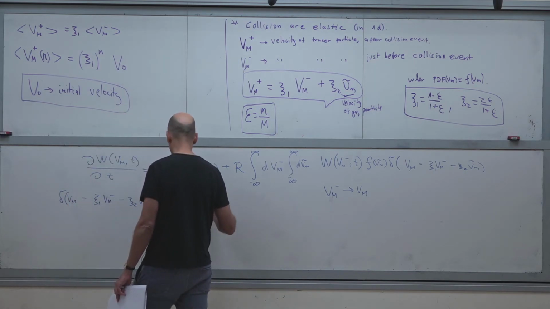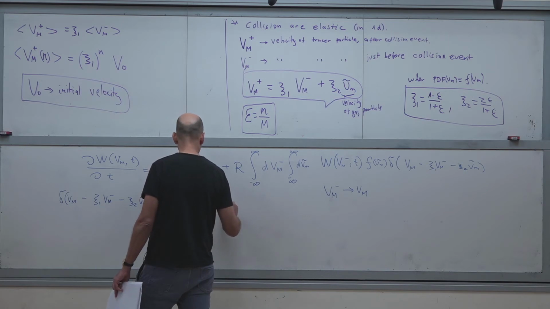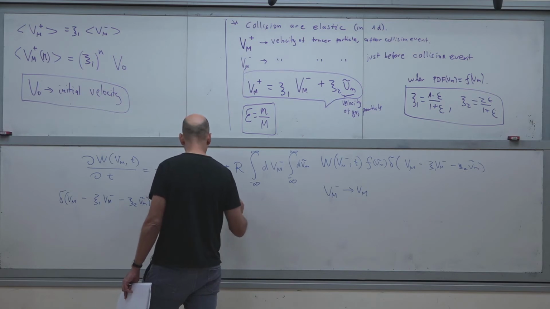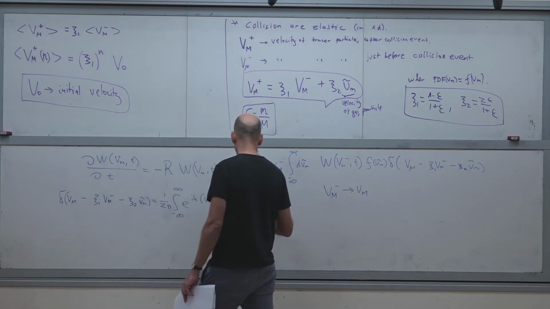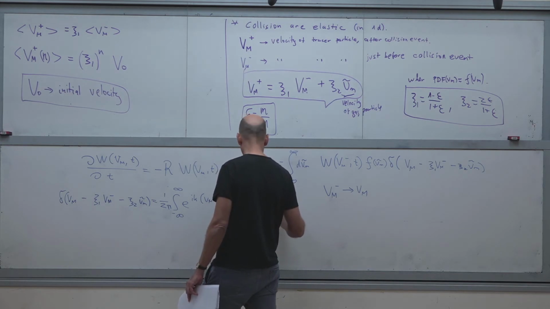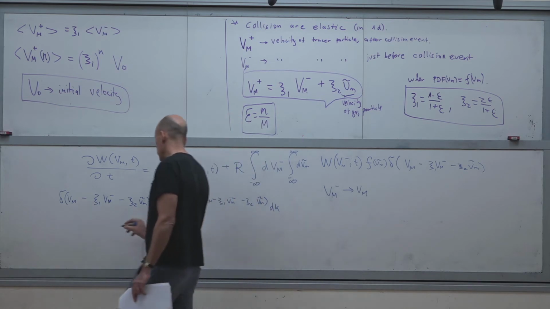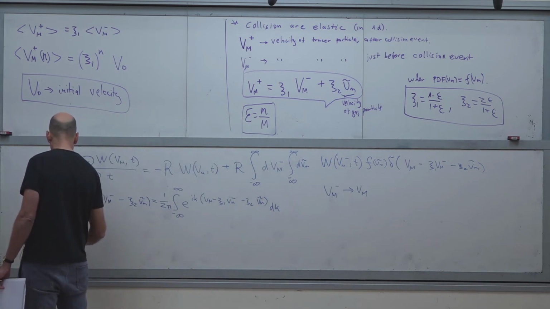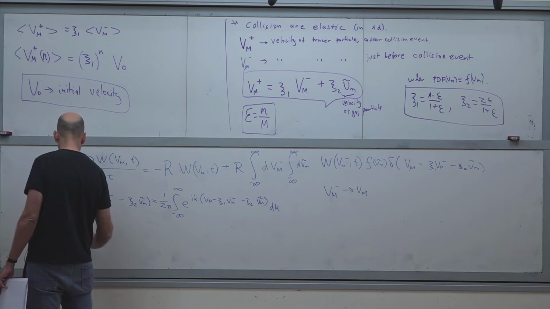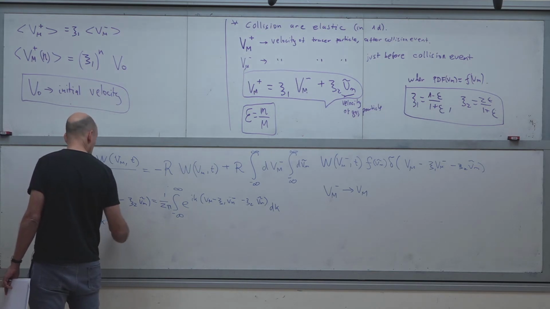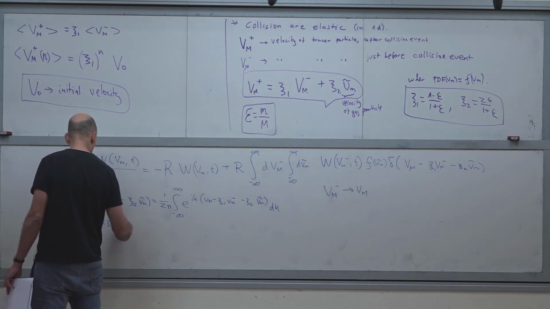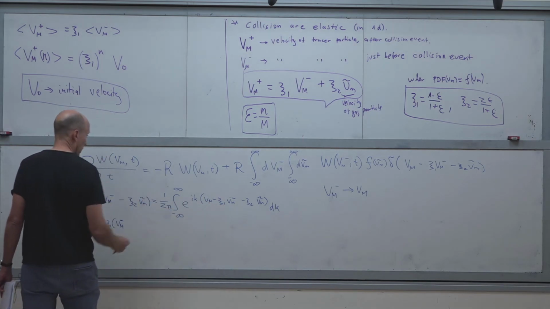I just write down what this is. Delta function, Vm minus psi2 V gas particle, as the integral of e^{ik(...)} dk. Then I write this as 1 over 2 pi, integral from minus infinity to infinity, e to the minus ik psi1 Vm minus, I just take this psi1 out.